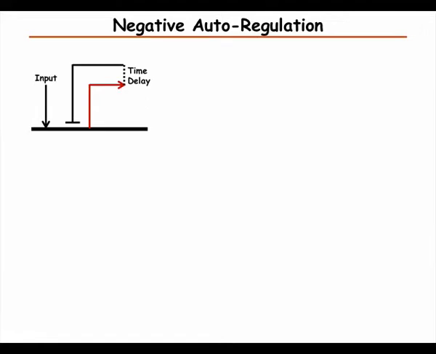So then we can apply these differential equations to understand some of the basic design principles in biology. For example, negative autoregulation is very common. We see that in a lot of different places, for example in transcription regulatory networks.